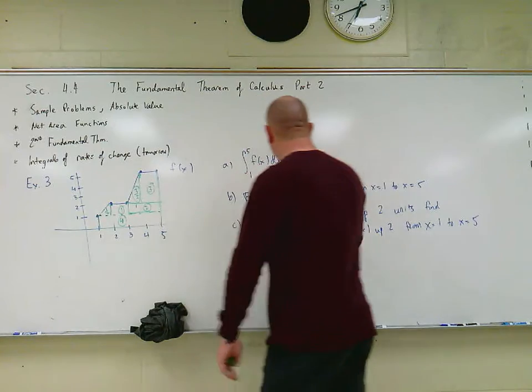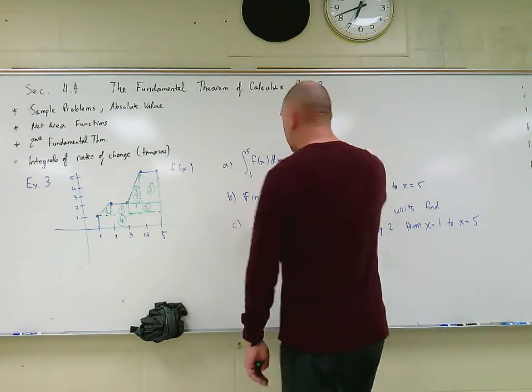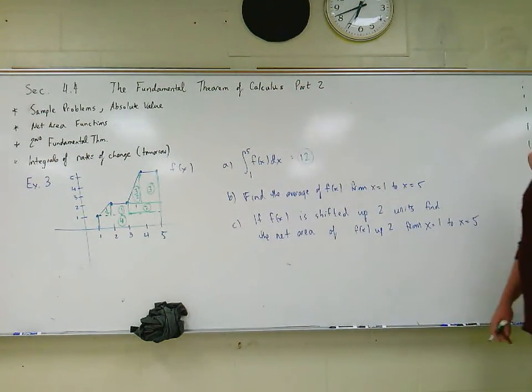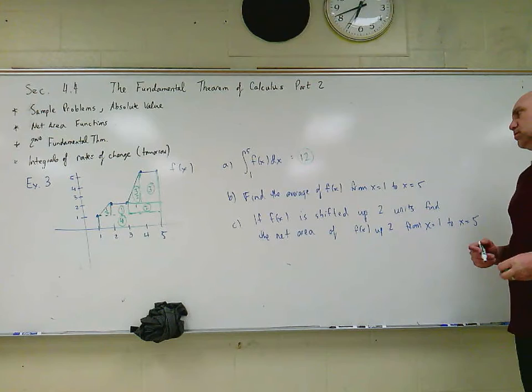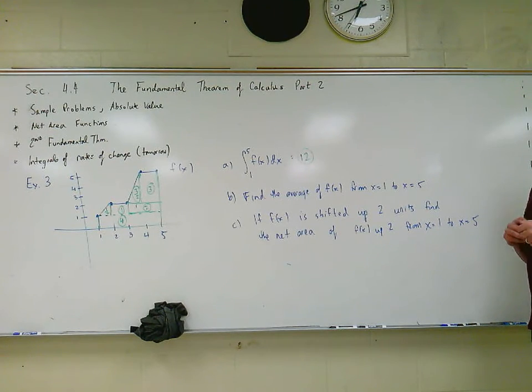I got 12 for my net area. All right. So just double check however you're doing it, make sure that you get 12. Okay. How are we going to do average value? What's the rule for average value?